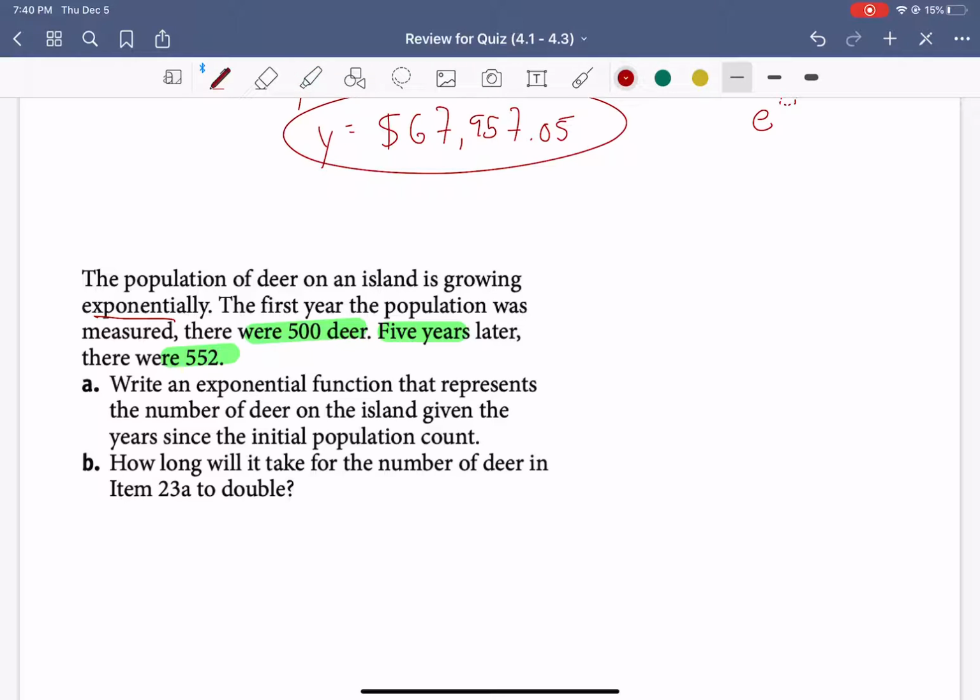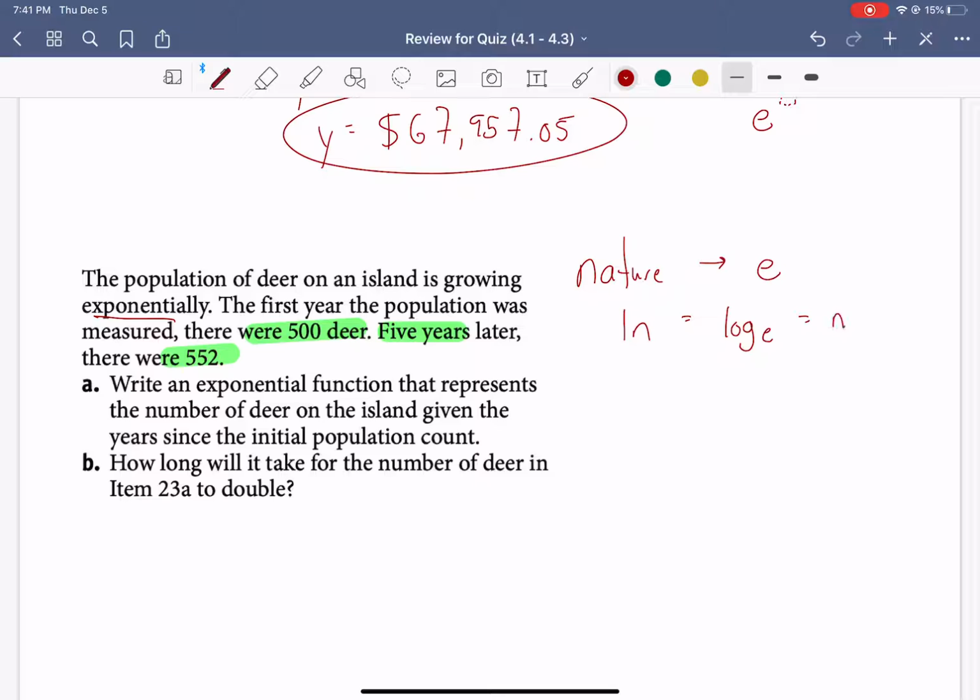All right, so this is a natural phenomenon. These are deer. This isn't a bank where someone can sit down and decide when this growth is happening. So whenever there's nature, we're using e. Remember how we call ln, which is log base e?